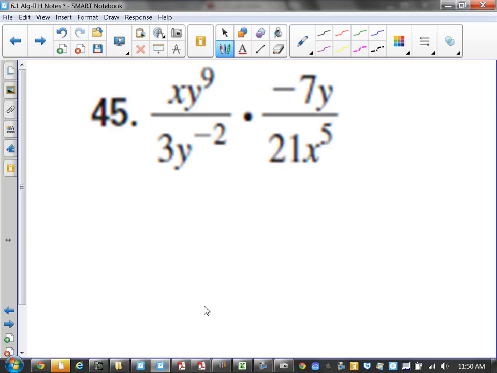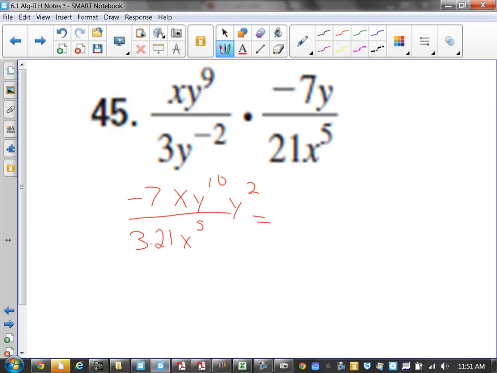Going through this one, rewrite with your numbers right off the bat. -7 over 3 times 21. All I'm doing is just rewriting it. In the numerator, I have x, y to the 10th. You okay with that? I'm also going to bring up that y squared and then bring down the x to the 5th. All I've done there is just rewrite everything with positive exponents, just shortcutting things through.